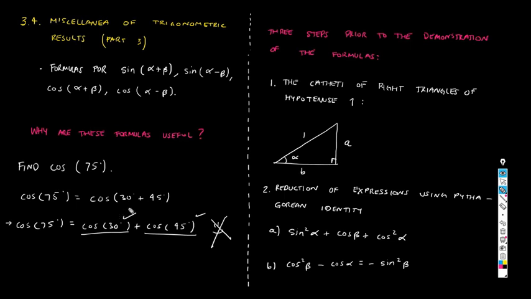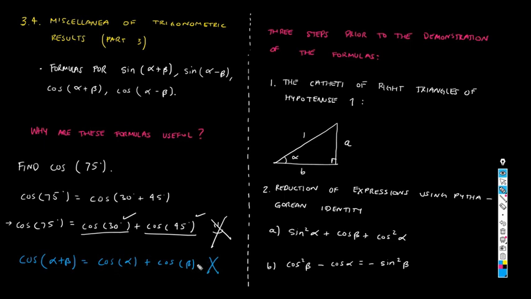This reasoning would be completely incorrect because we have never proven that the cosine of alpha plus beta is equal to the cosine of alpha plus the cosine of beta. We have never proven this, and it is in fact incorrect.